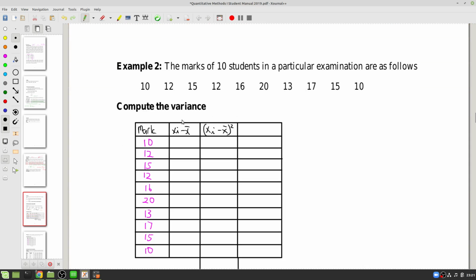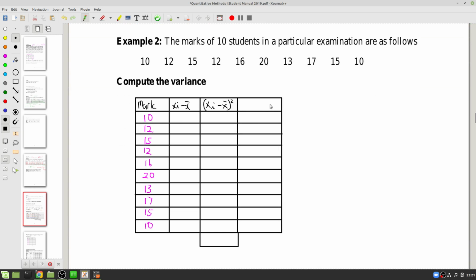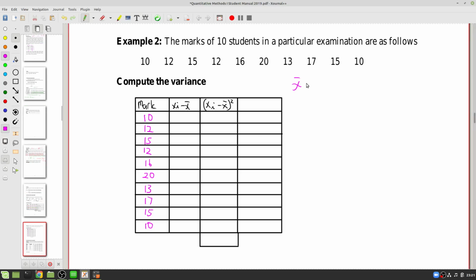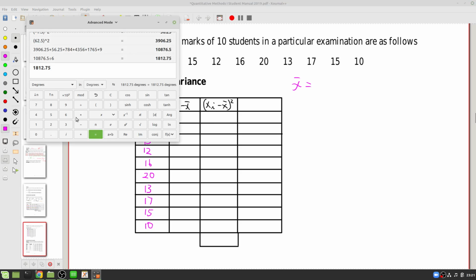This is exactly the same as the previous one. I'm just going to start it, I'm not going to finish this one. I'm just going to work out x bar, and then start filling this in, but I won't complete it. You can do this for homework, and let me know what you got as an answer in the comments below. Okay, so let's add all of this up using a calculator.